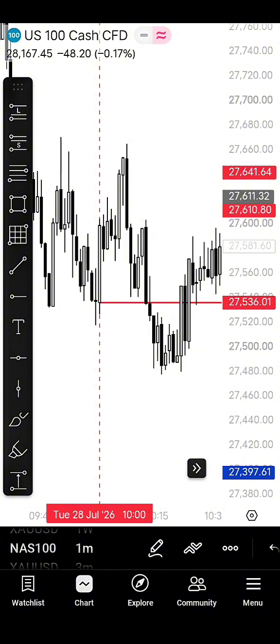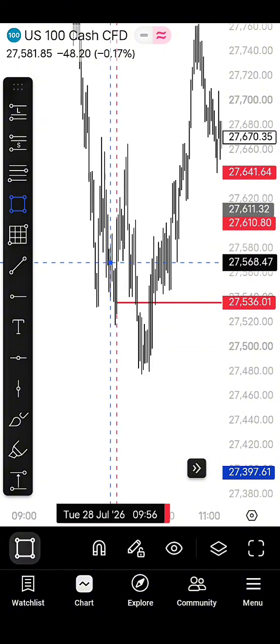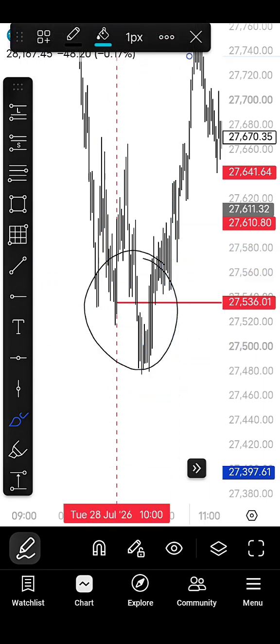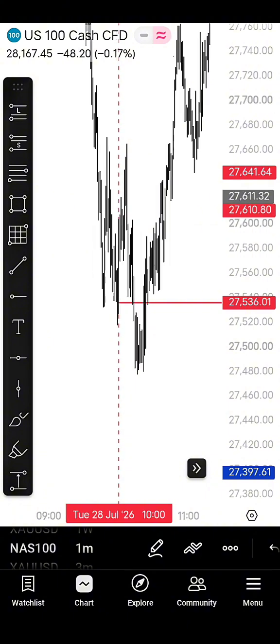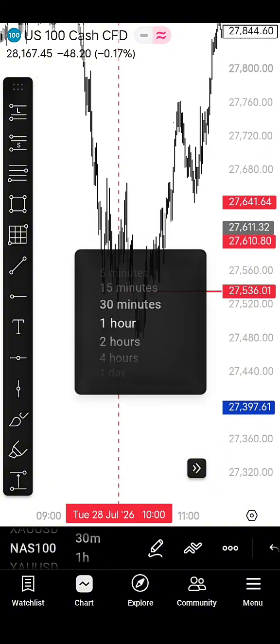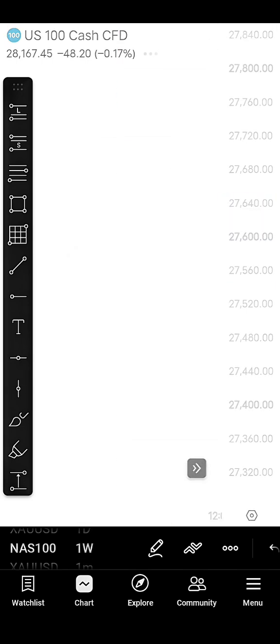And in this zone, I also tapped the monthly fair value gap for the first time. Now, how do I know this? Let me show you how I know this. Let me shift you to the 1 month time frame.